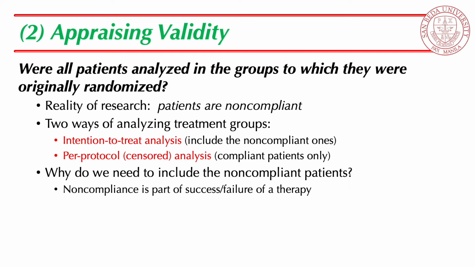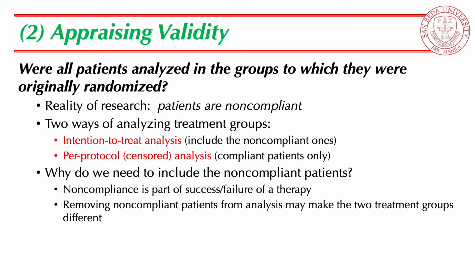Patients stop taking treatment when they don't feel well, or experience the side effects of a drug they are taking. Thus, excluding the non-compliant patients from the analysis can make a treatment appear better or safer than it actually is. Next, censoring or removing non-compliant patients from analysis may disturb the balance of baseline characteristics that was achieved by randomization. Opting for intention to treat analysis preserves this balance and provides the most valid results.